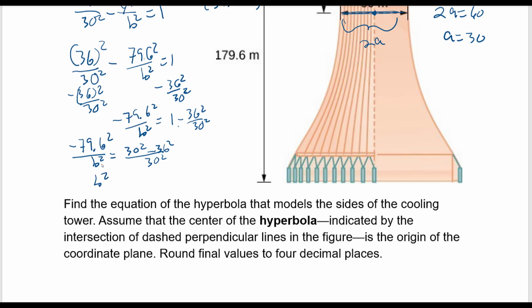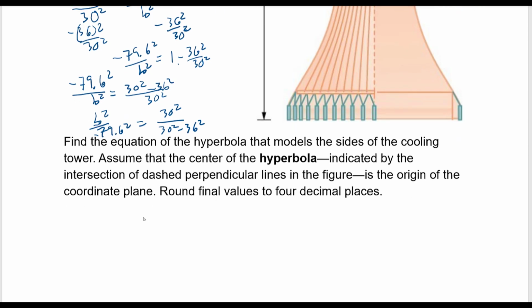I have b squared over 79.6 squared equals 30 squared over 30 squared minus 36 squared. And we come down here. So b squared is going to be, I'll multiply both sides by negative 79.6 squared: negative 79.6 squared times 30 squared, over 30 squared minus 36 squared.